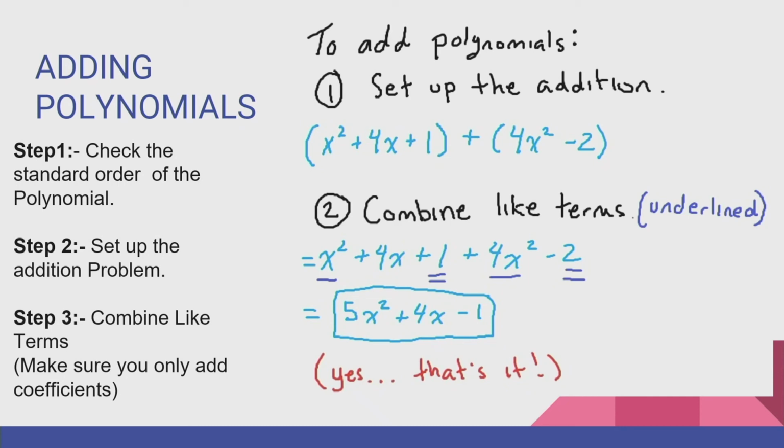If it is not in standard form, we should make it in standard form. Second step, set up an addition problem. Third step, combine like terms. Make sure you only add coefficients. We will only add coefficients and we will leave our variables the way they are.